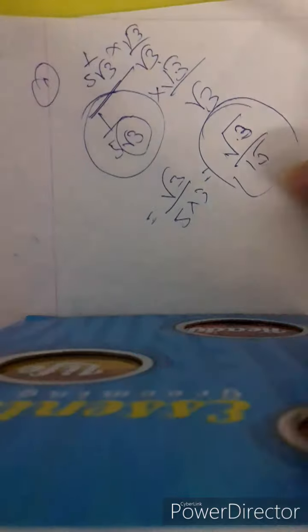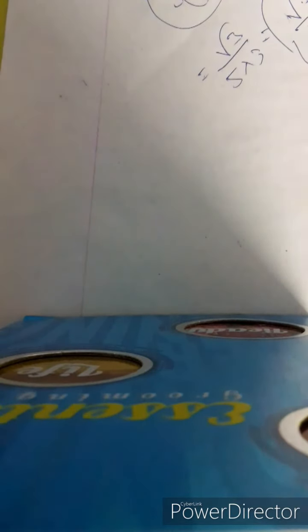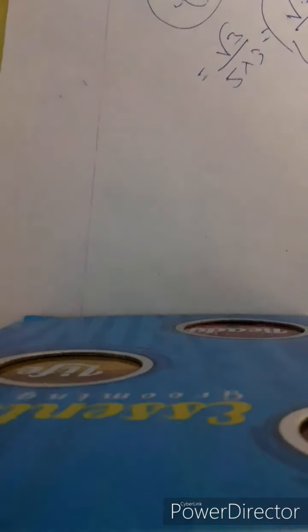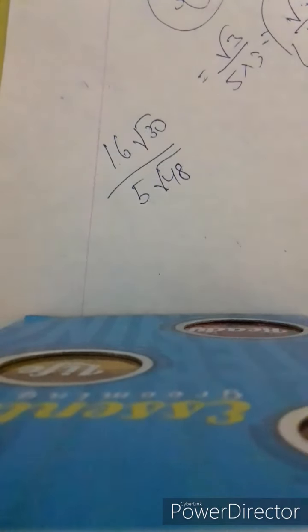So again we'll take a look at this. Suppose we have this number, we have to rationalize 16 root 30 divided by 5 root 48.